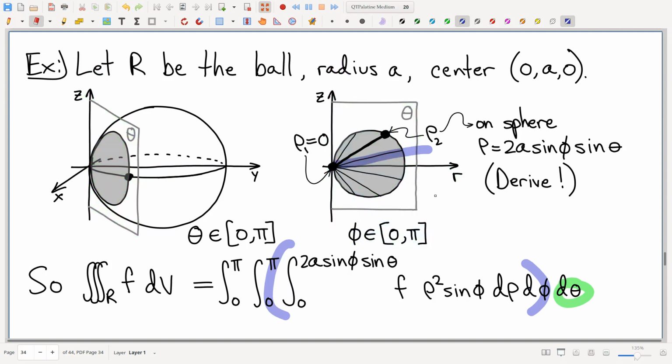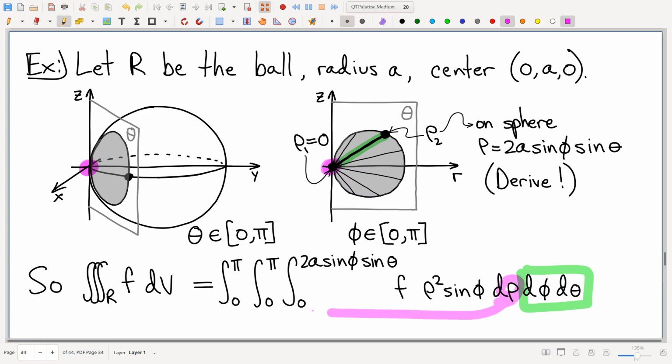Okay, and then again for our phi slice of our theta slice, looking on that thing right there. We start there, which of course is actually there. So we're starting at the origin, where of course rho is 0.